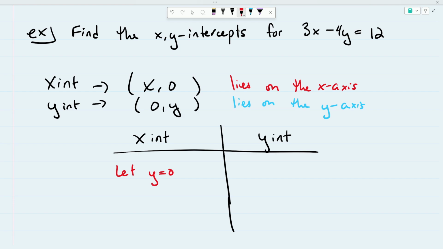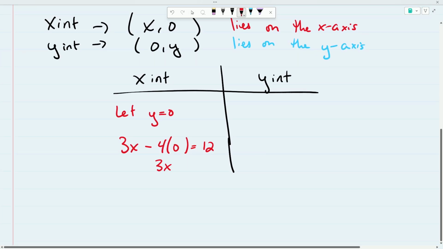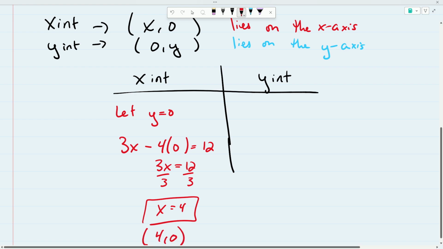You did not move up or down at all. So I'm going to take 3x minus 4, substitute in 0 for y, and solve this. So I end up with 3x equals 12. Divide both sides by 3 to give me x equals 4. Therefore, my x-intercept is 4 comma 0, and that's the ordered pair.